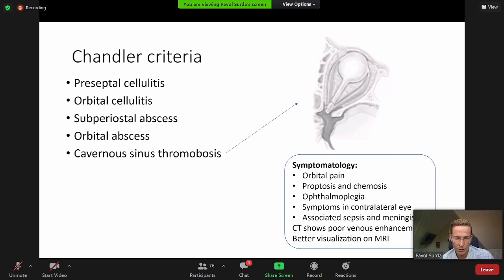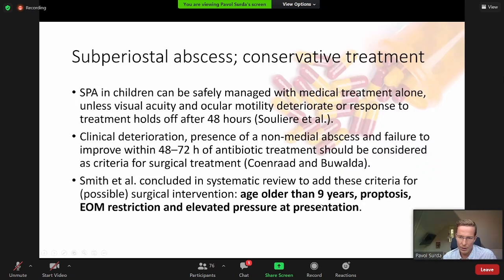In the systematic review, it was nicely shown that patients who are 9 years old and older, and there is proptosis, there is restriction of eye movements and elevated pressure at presentation, that these patients should be treated surgically. And if the patients do not fulfill these criteria, there is a role to wait and give the patient antibiotics for 48 hours with frequent eye examination.